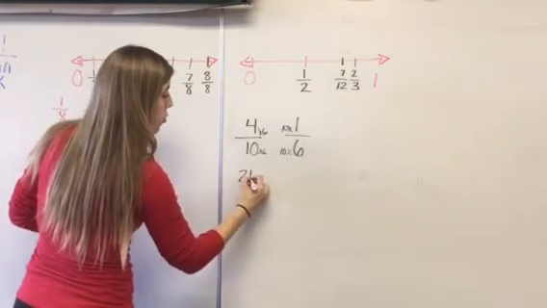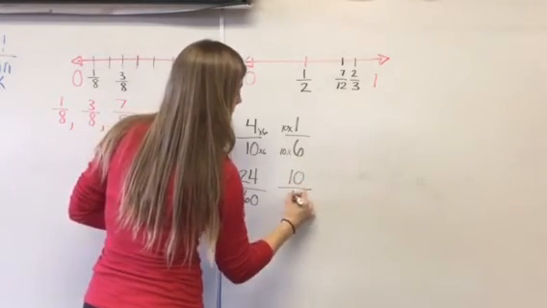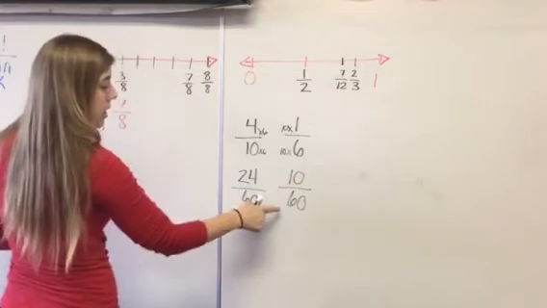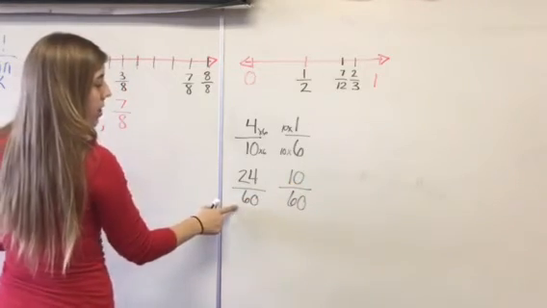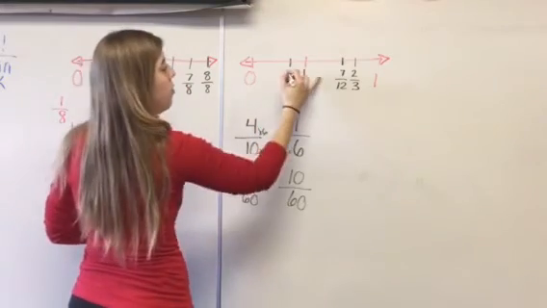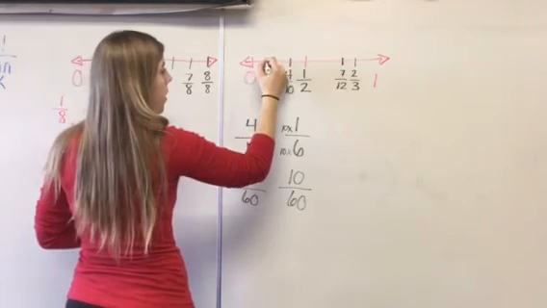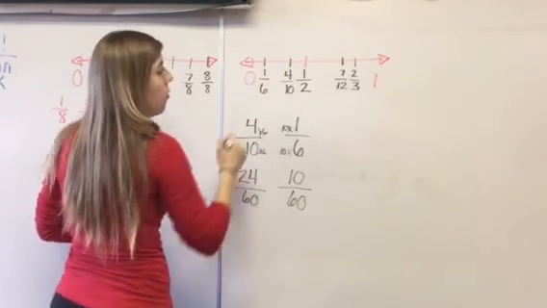So this turns into 24/60 and 10/60. So we can see 1/6 is quite a bit smaller than 4/10. 4/10 is actually pretty close to 1/2, right? 5/10 would be 1/2. And 10/60 is fairly small, so 1/6 is going to go over here.